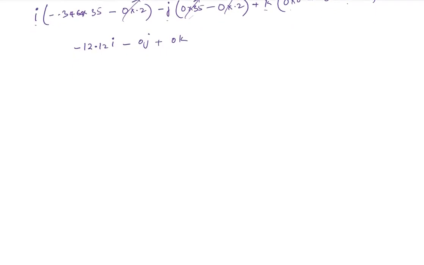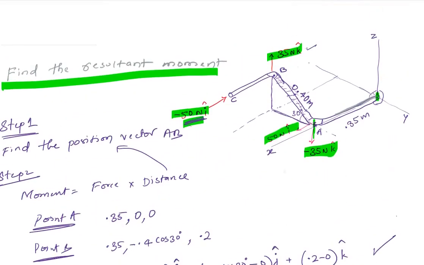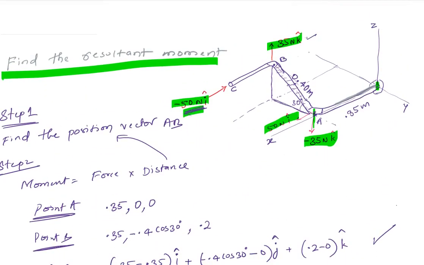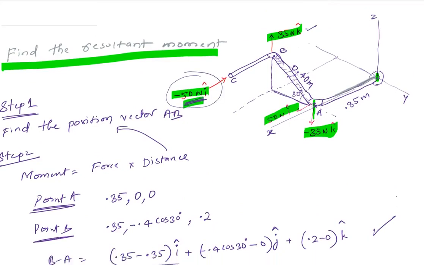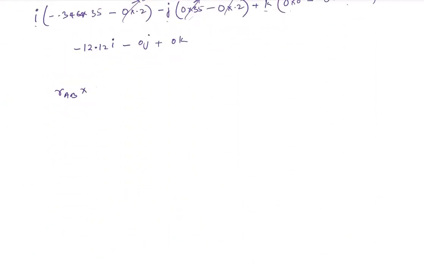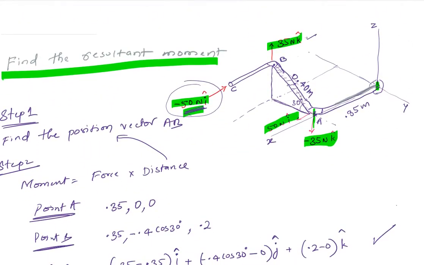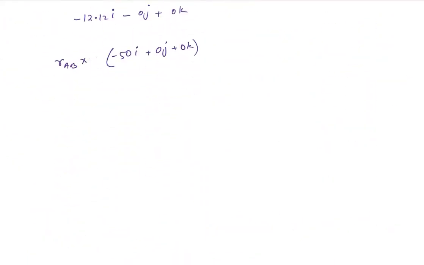So here we have RAB times the force, which is 50i, with no j and k. It's negative 50i plus 0j plus 0k, because it's going in the negative x direction.